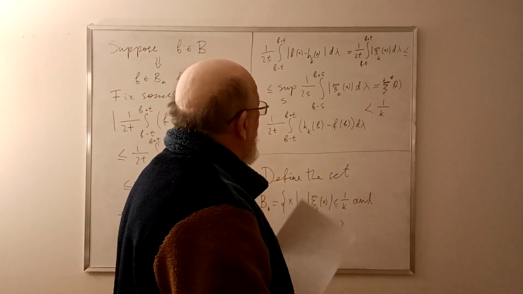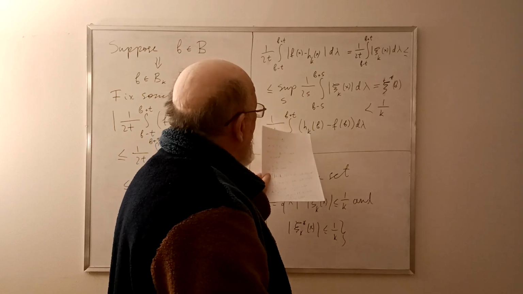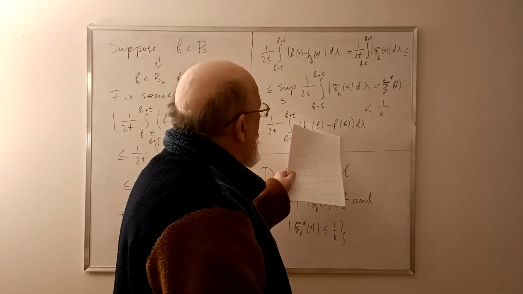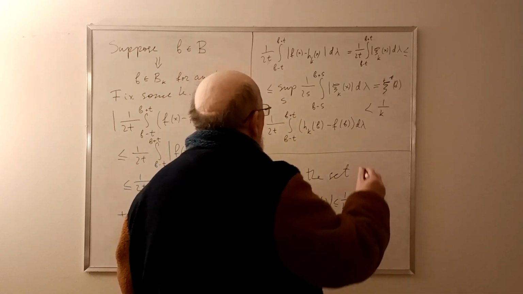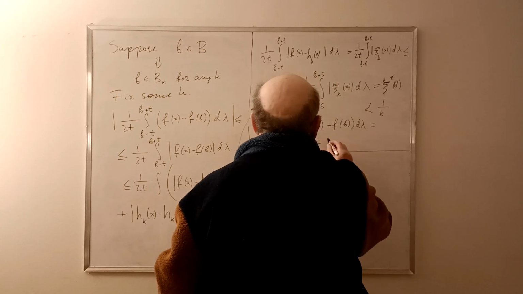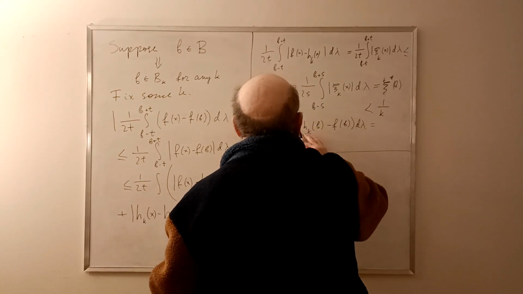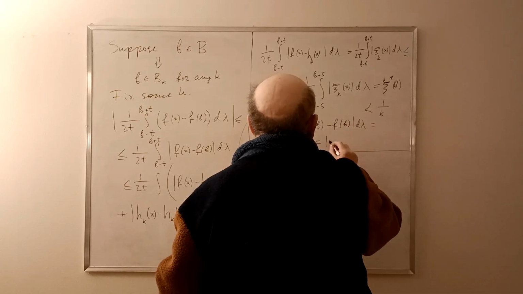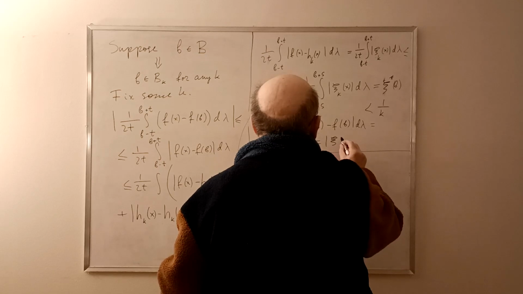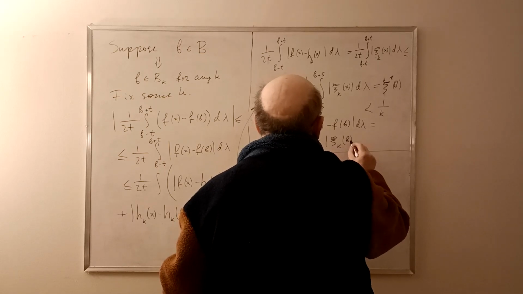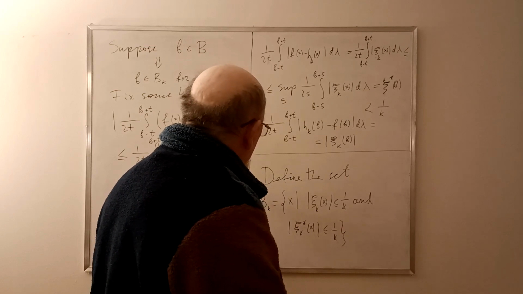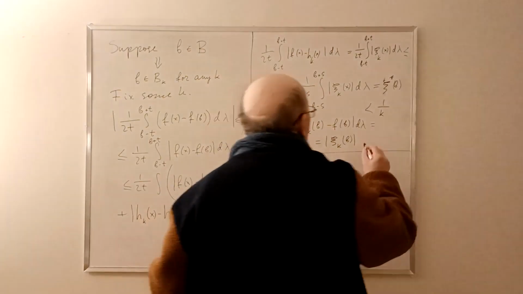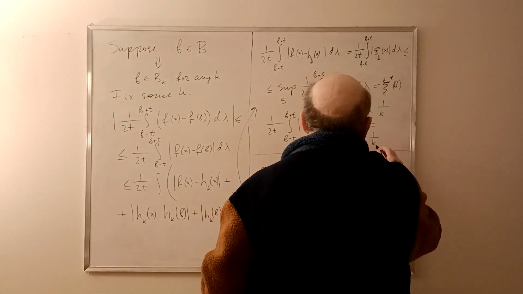This constant is the difference between function at the point b and the approximate function hk. We know that it is simply module ck of b. And again, in the set bk, ck of b less than 1 over k.